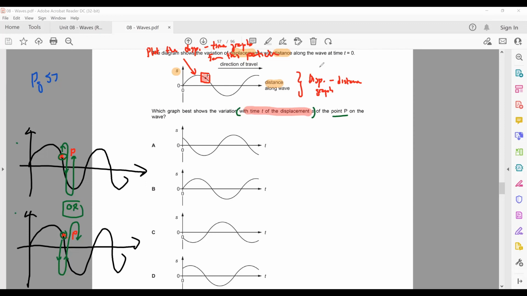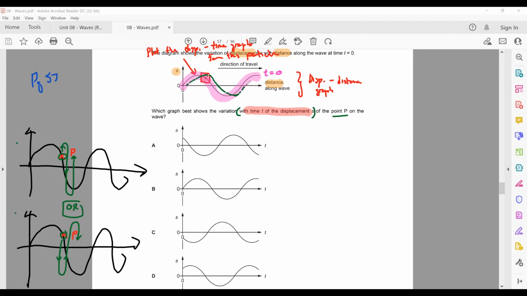To know which of these is going to be the correct one, you will need to plot the wave profile a short instant of time later. This one here is t equals 0. So if I want to find out how the particle moves a short instant of time later, you plot the wave profile shifted a little, maybe something like this.